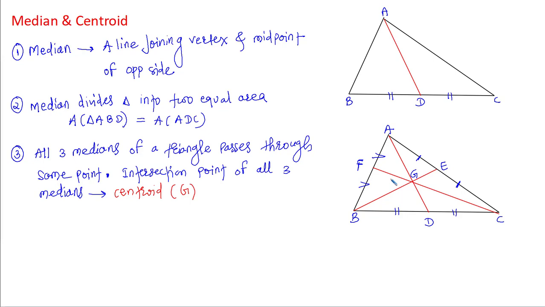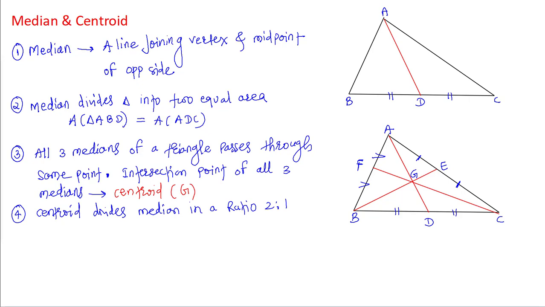Now let's have a look at the fourth property. The fourth property is that the centroid divides a median in the ratio 2:1. From this we can see that the part of a median which is close to the vertex is twice, and the part of a median which is close to the midpoint of the side is once.